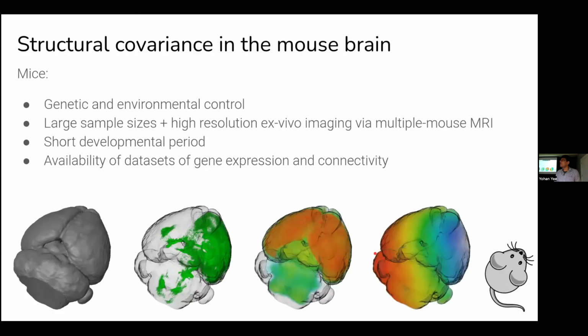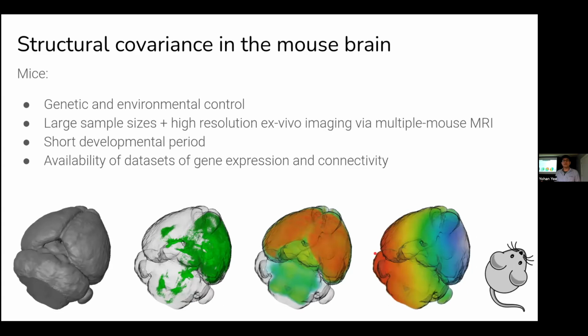We decided to address this in the mouse because in the mouse, we have a lot of genetic and environmental control. We can use inbred mice, which essentially have the same genetics. We can control their environment. We can generate large sample sizes, and using high resolution MRI, we can really look at very fine brain structure.